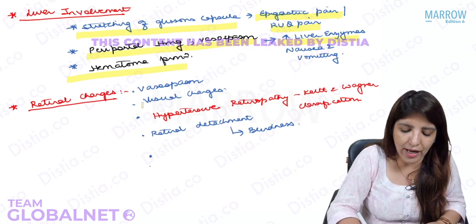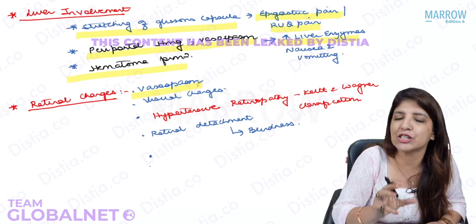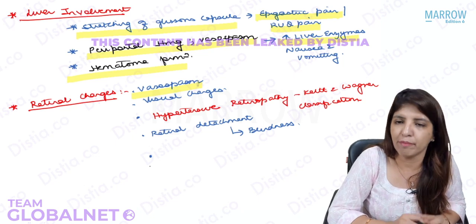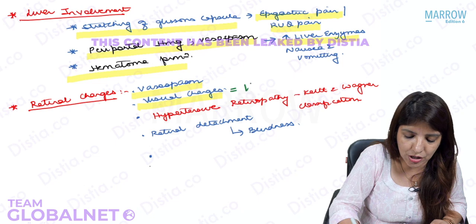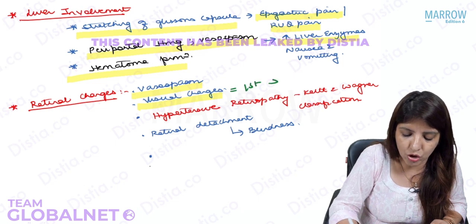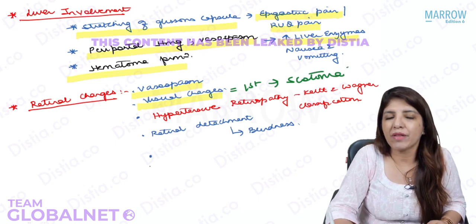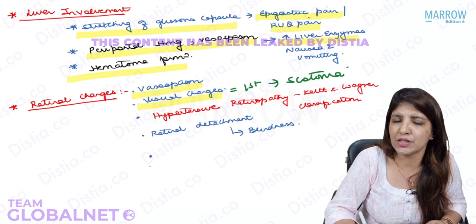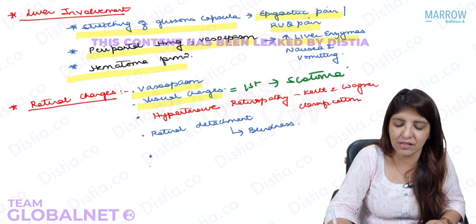When retina is going to be involved, again, you are going to get vasospasm, and that is one of the first changes which you get on fundus examination in a patient of PIH. There will be visual changes. In visual changes, the first visual change which you get is a scotoma, right? Apart from that, you can get hypertensive retinopathy. I just need to tell you one thing about hypertensive retinopathy, and that is the classification is called as Keith and Wegener classification.